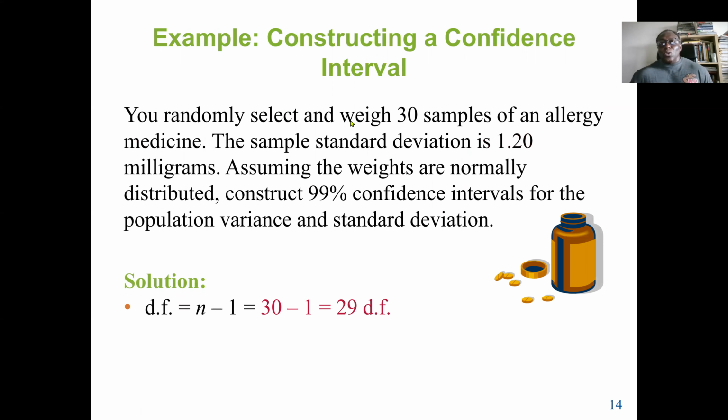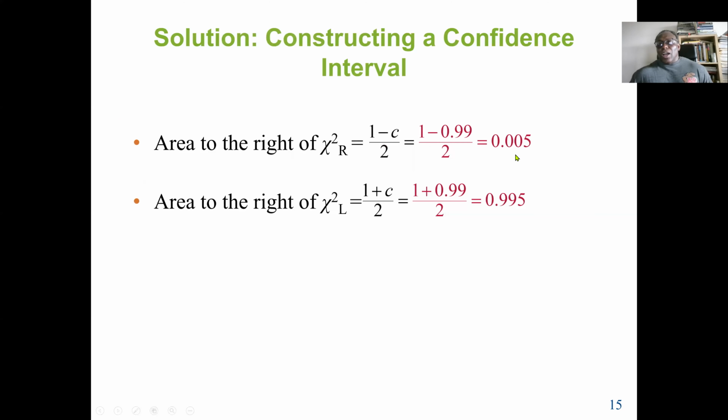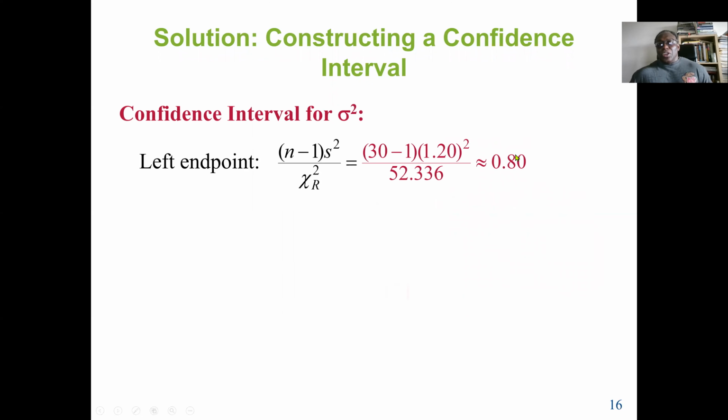I'm going back to the question. The sample standard deviation is 1.2, so to find the variance, we just have to square it. We already found the chi-square to the right, which was 52.336. So we have our left-hand point.